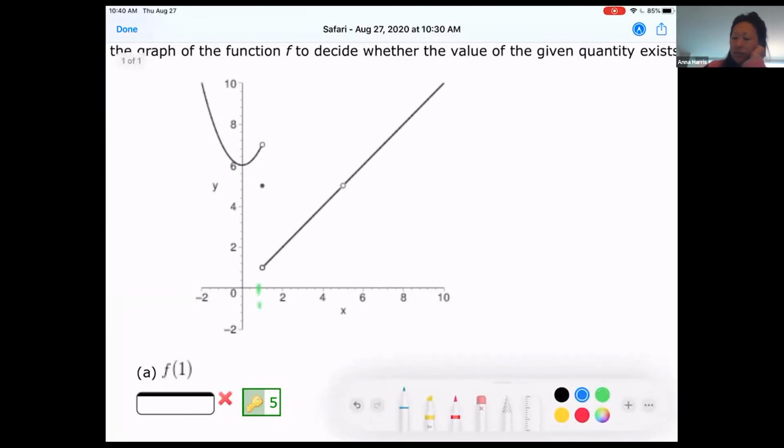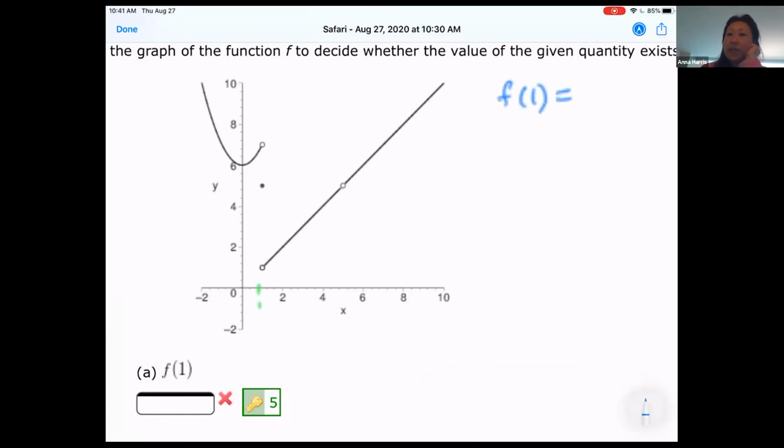So what is f of 1? Can somebody tell me? I'm going to write down numbers. Is it 7 here, 1 here, and this is 5 here? Is f of 1 7 or 5 or 1? Tell me, and why?